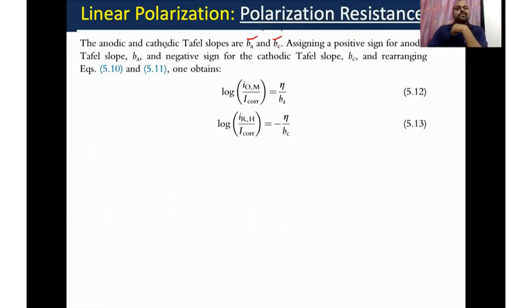So whatever we said earlier, this RP is basically inversely proportional to the I corrosion, that we have proved here.